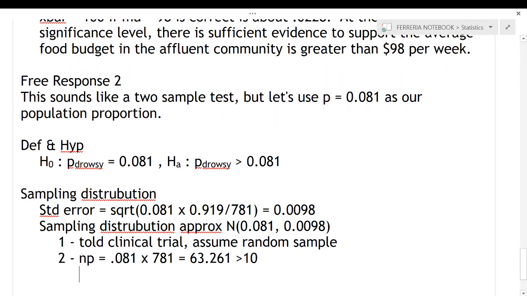We also have n(1 minus p), that's 0.919 multiplied by 781, that's way over 10. So both of these are over 10. And that's the end of our sampling distribution. Boy, it's so much shorter than it used to be.